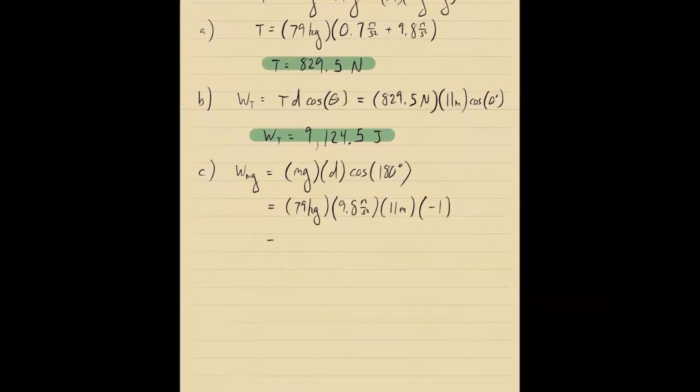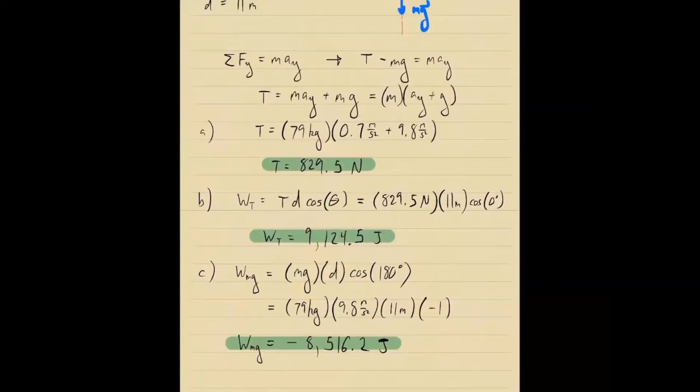So when you put all this together, the work done by this person's weight is minus 8,516.2 joules. So this is going to be part C.